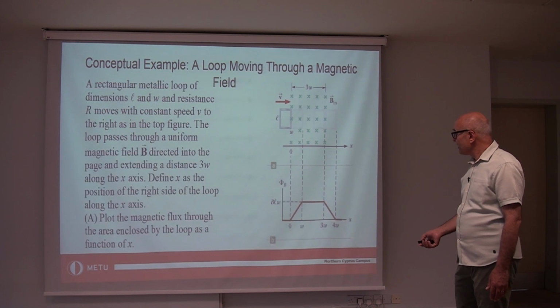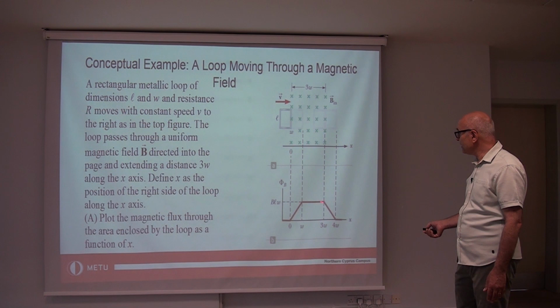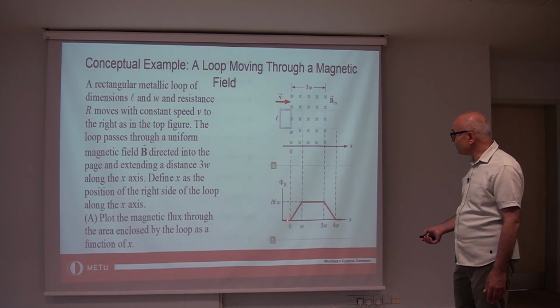Now, since the flux is varying only here, and here only, and here I don't have any variation in the flux, there is an induced electromotive force only between 0 and W. There is 0 induced electromotive force here because the flux is not varying, and there is also an induced electromotive force here.